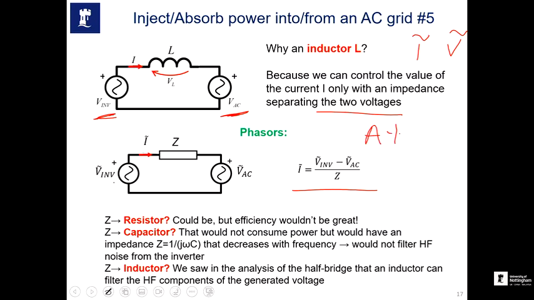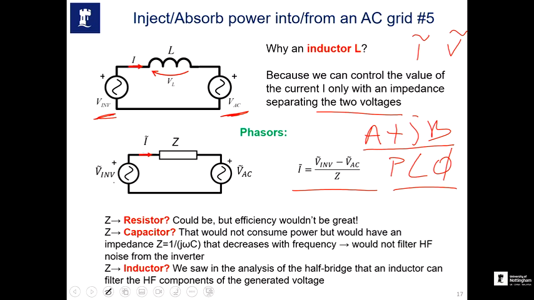A plus j times B, something like this, or like P at an angle phi. So any phasor you can represent with a complex number or with a magnitude and an angle. Now, if I write in phasors, the current phasor will be simple.